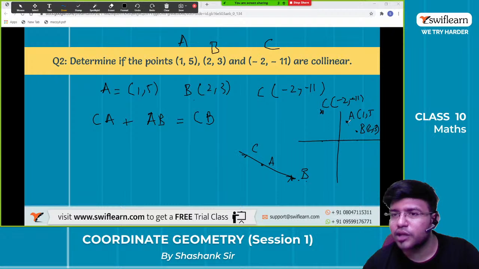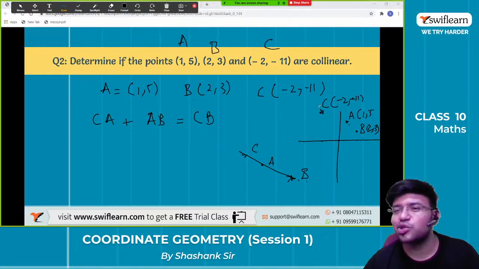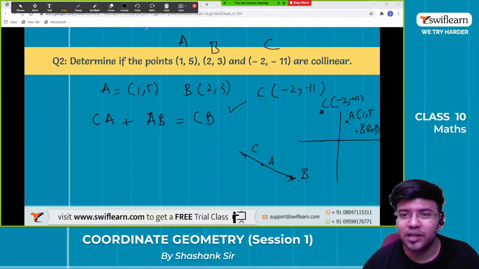Now, square root of x2 minus x1 whole square plus y2 minus y1 whole square. Use the distance formula for this to find the distance AB, and also find the distance CB, and check whether this condition is satisfied or not.